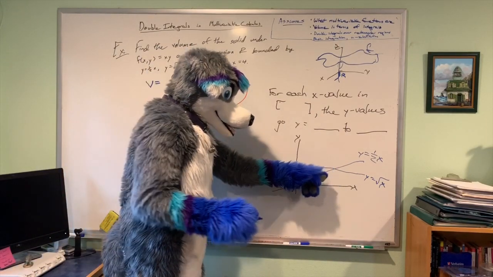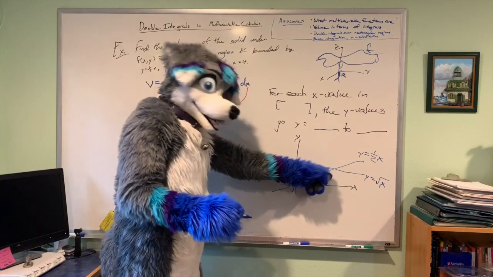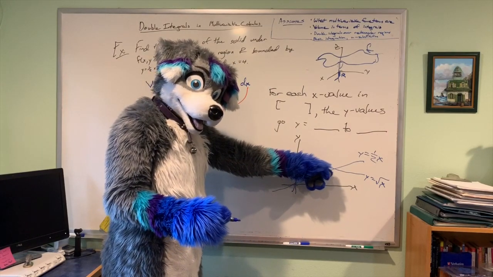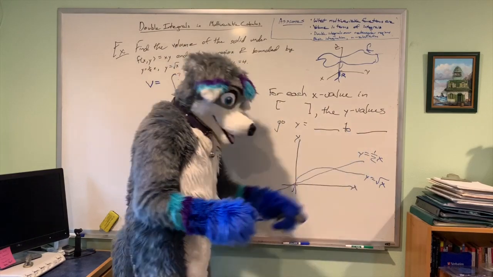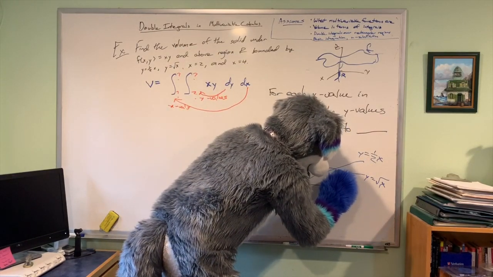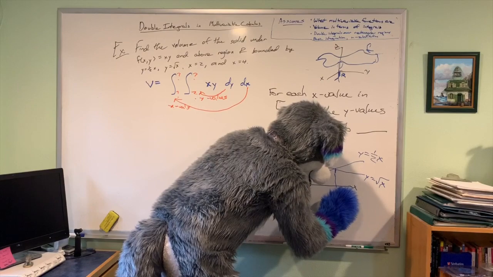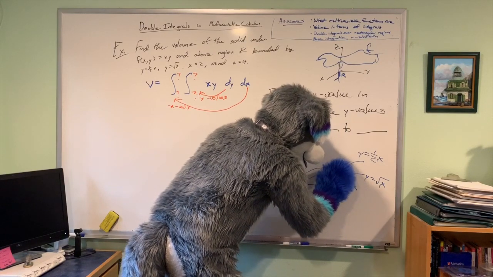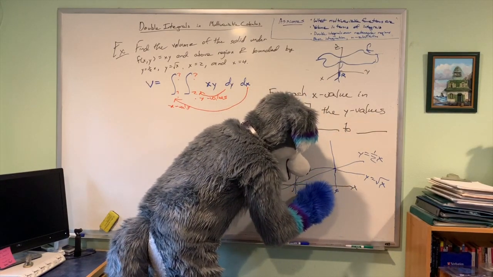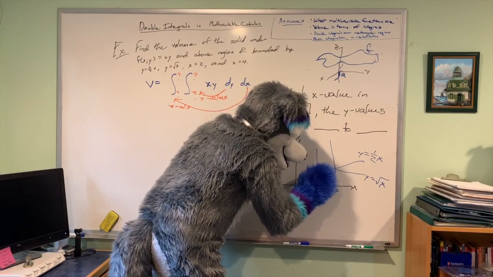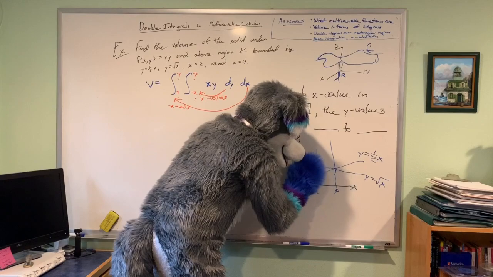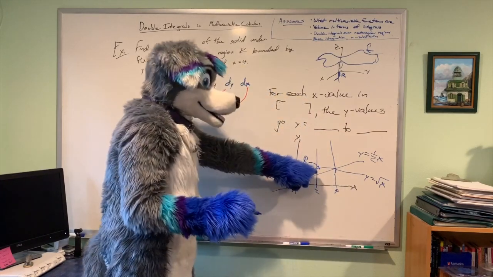Well, notice x equals 4 is actually the intersection of these two, right? Because x equals 4 in both of these gives you the same y value. So here's x equals 4, and then x equals 2 will be about here. And then this is your region R that you're integrating over.